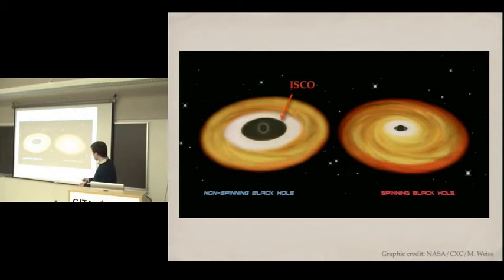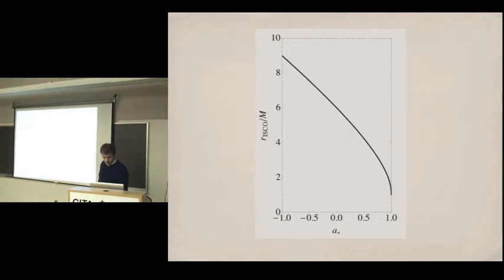And the key point for black hole spin is that the radius of the ISCO is a strong function of how fast the black hole is spinning. So if the black hole is spinning rapidly, the ISCO moves in and becomes closer to the horizon. And so if you have a good disk model, then from X-ray observations, you can back out the radius of this ISCO. And you can work out the spin of the black hole. So let me expand on that for just another minute.